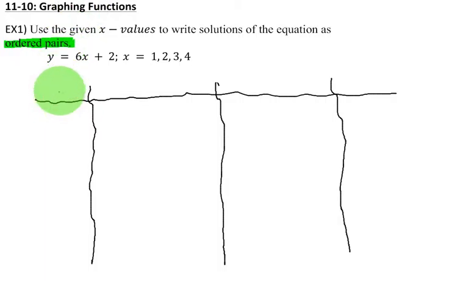So let's change pen colors. I'm going to use red for my x values. And after that, I'm going to write that equation that was written down, but I'm just going to leave the y and equals portion out of it. I'm just going to write 6x.